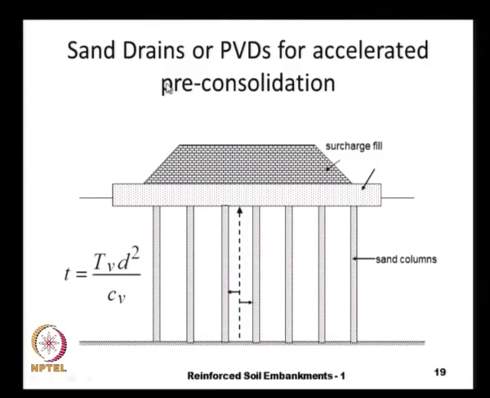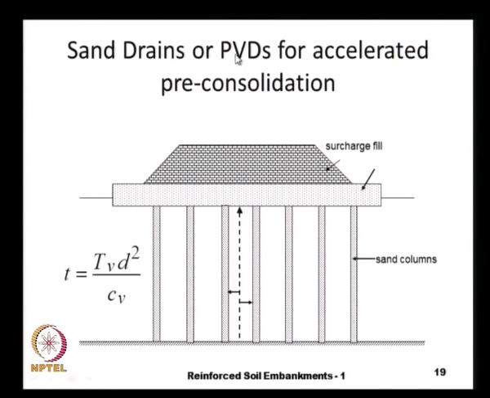Another popular method that is traditionally used for ground improvement is pre-consolidation, or what we call accelerated consolidation. In the early days, when this technique came into being, people used sand drains or sand columns, wherein we drill a borehole and fill it with highly permeable material like sand or some aggregate.